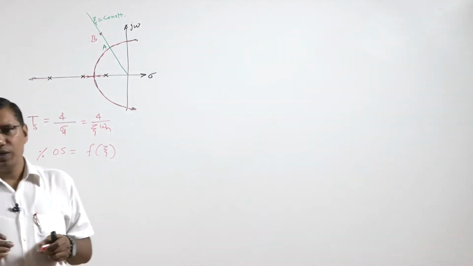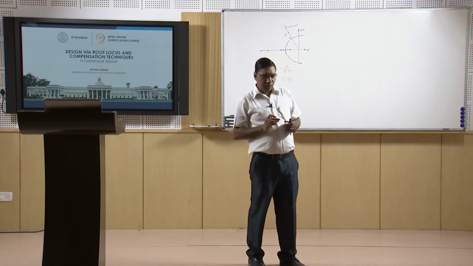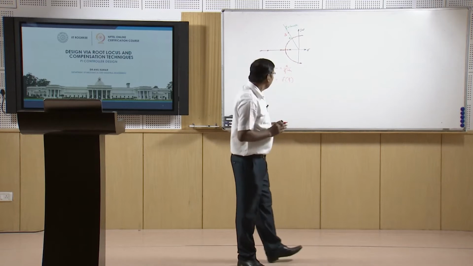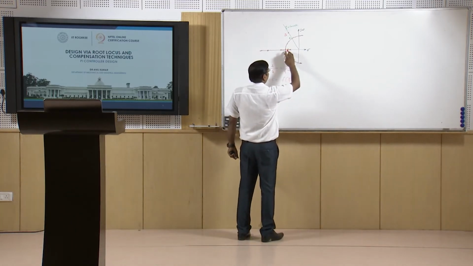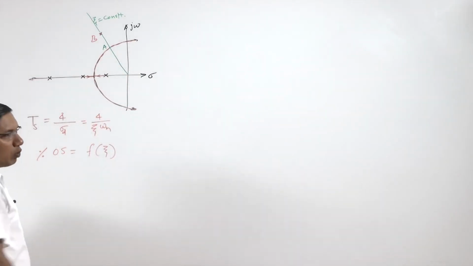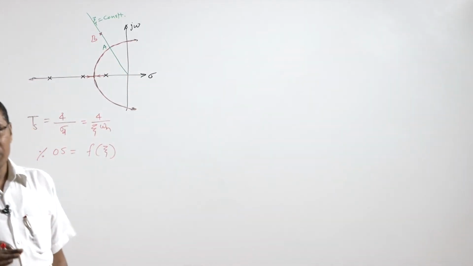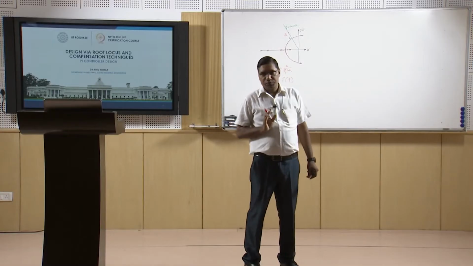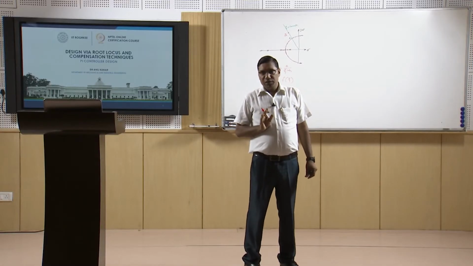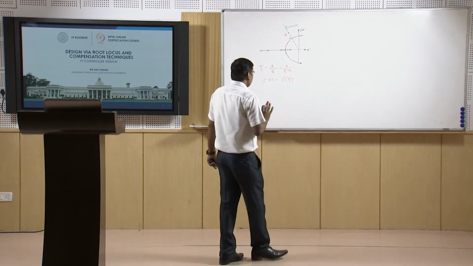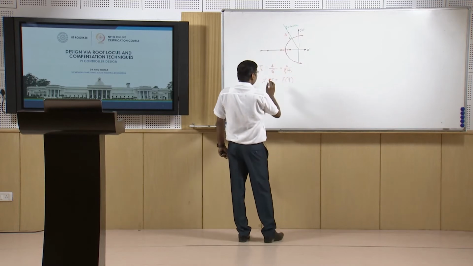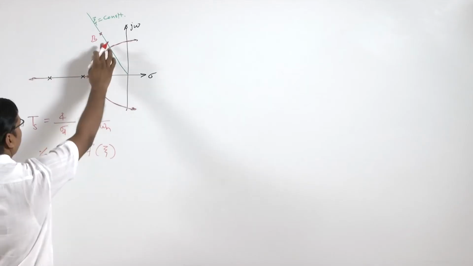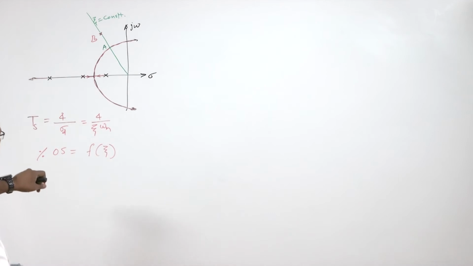So, by changing the gain, we can only get a response for those points that fall on the root locus. But if a point is not on the root locus, we can't get the response of the system.